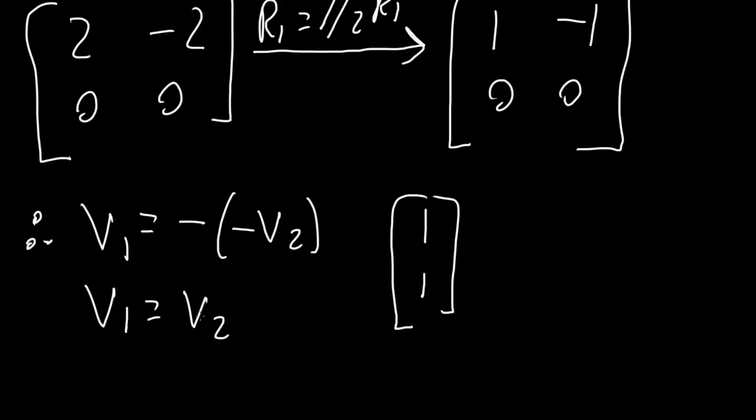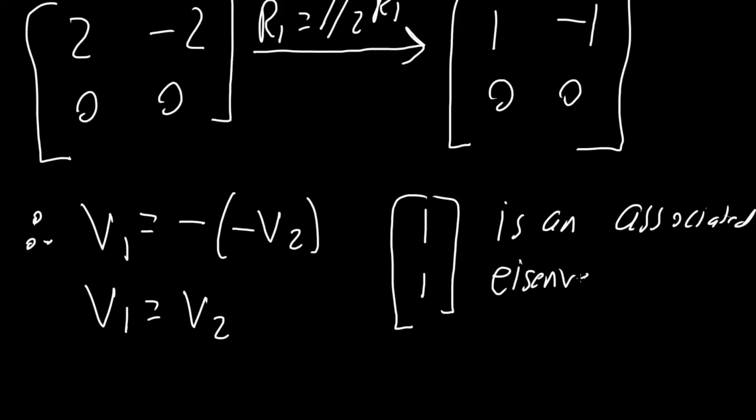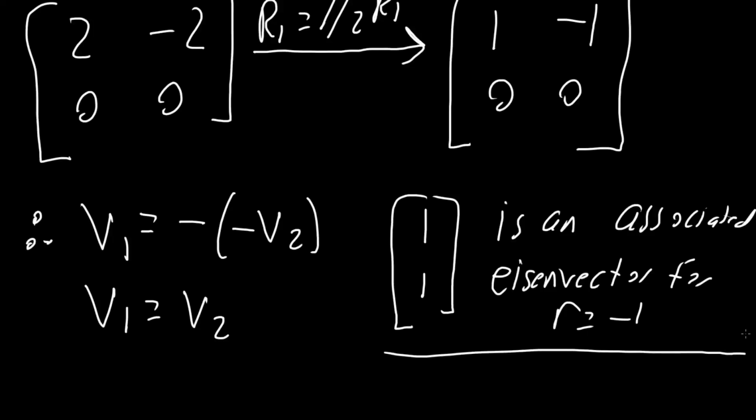Or if v2 is 1, then v1 is also 1. And so we say that this is an associated eigenvector for r is equal to minus 1. So this is one thing that we will later need for our general solution.